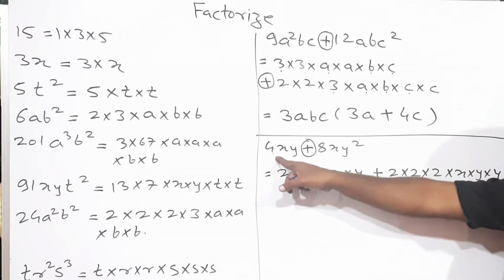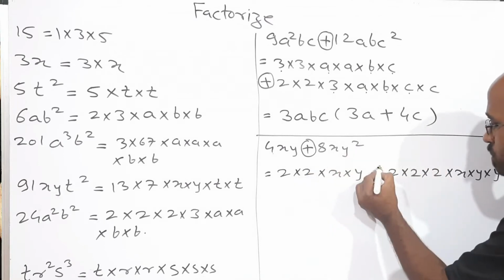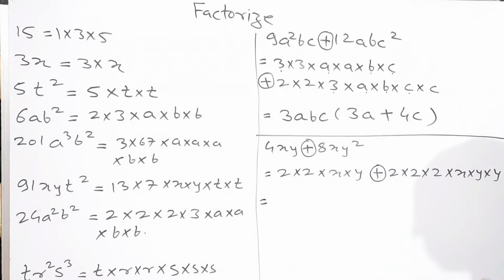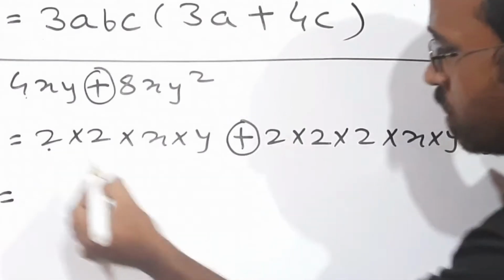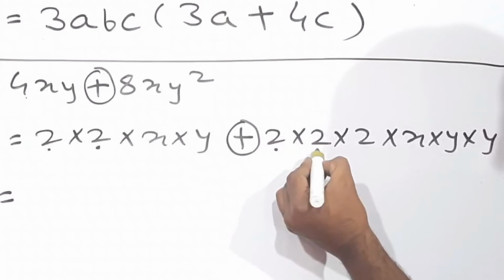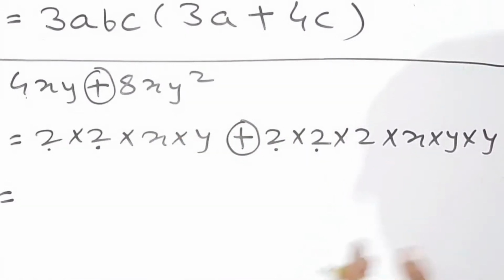So we have factorized 4xy separately, 8xy square separately, and written this plus symbol as it is. Now what we have to do? Now we have to take common between both of the monomials. This 2 is common, this 2 is common. Again this 2 is common, this 2 is common. So among the numbers, 2 multiplied by 2 is common. What is 2 multiplied by 2?